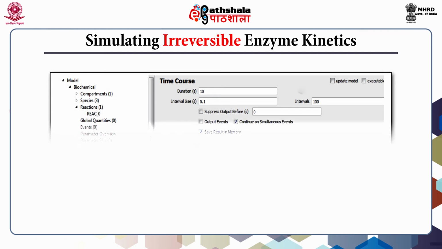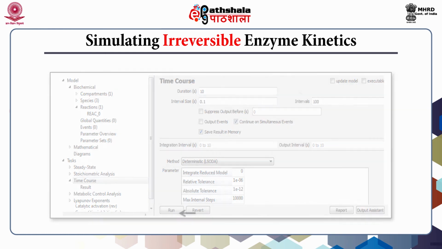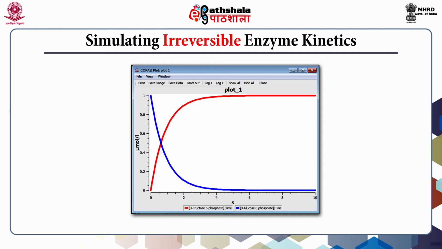Now open the tasks node in the navigation tree panel and click time course. Set the time course parameter values in the working space as shown in this slide. Now click the run button at the bottom left corner of the working panel. This will display the time course for irreversible conversion of glucose 6-phosphate to fructose 6-phosphate.